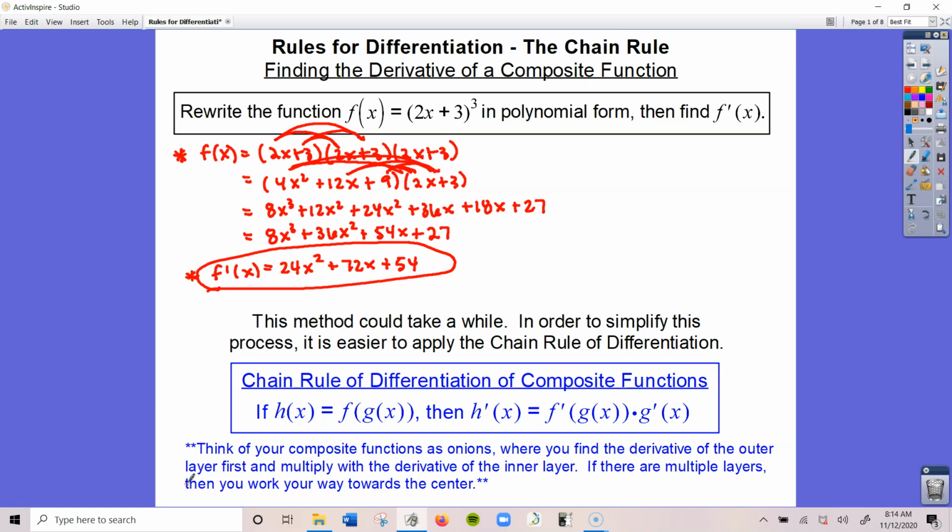And I put here in blue, think of your composite functions as onions, where you find the derivative of the outer layer and multiply with the derivative of the inner layer. If there are multiple layers, then you work your way towards the center. I said like an onion because it's kind of like you're pulling away the layers. You first start with the derivative of the outside, and then you multiply with the derivative of the inside.